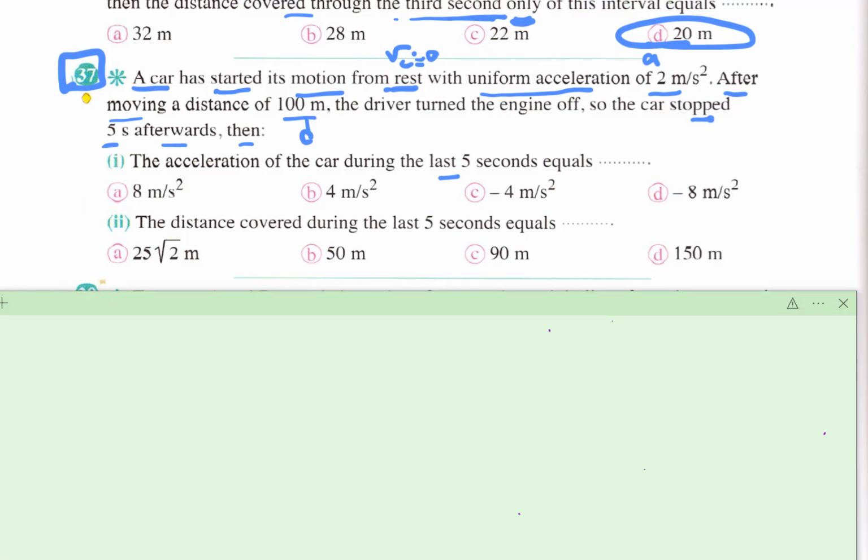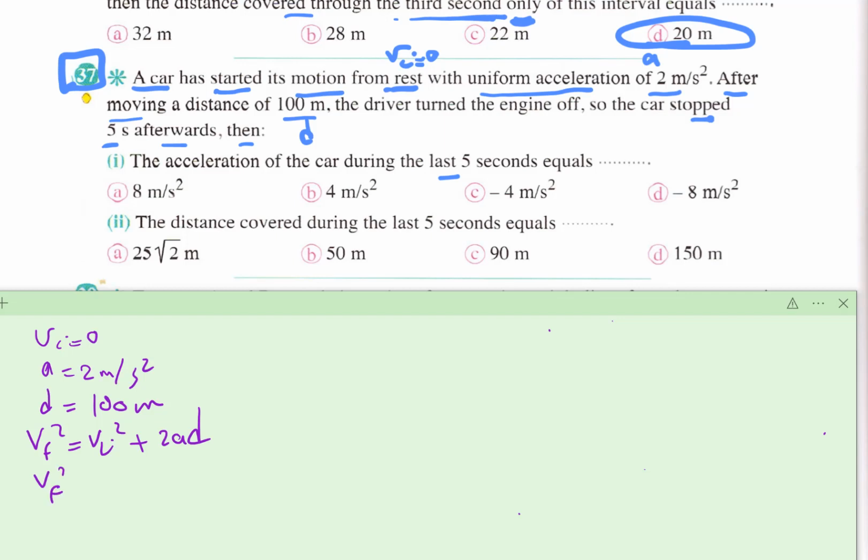What do we have? We have V initial equals 0. The acceleration A equals 2 meters per second square. The distance equals 100 meters. So it is easy to get the final velocity here. V final square equals V initial square plus 2AD.